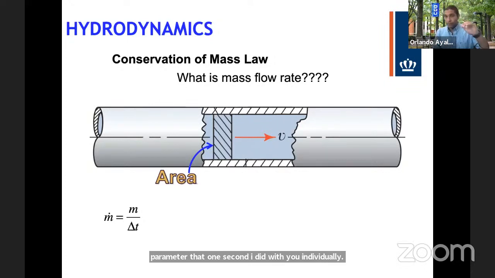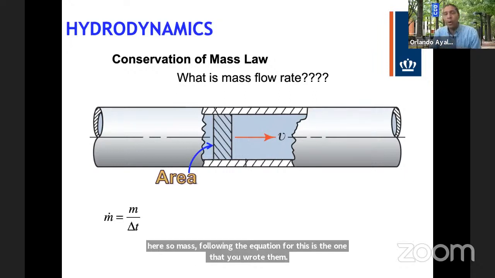Now, from the 3 equations you wrote down, I'd like you to use the equation for density. The same way we derived an equation for weight containing density, we're going to do the same thing here. So, following the equation for density, the one that you wrote down, mass is equal to density times volume. What volume?